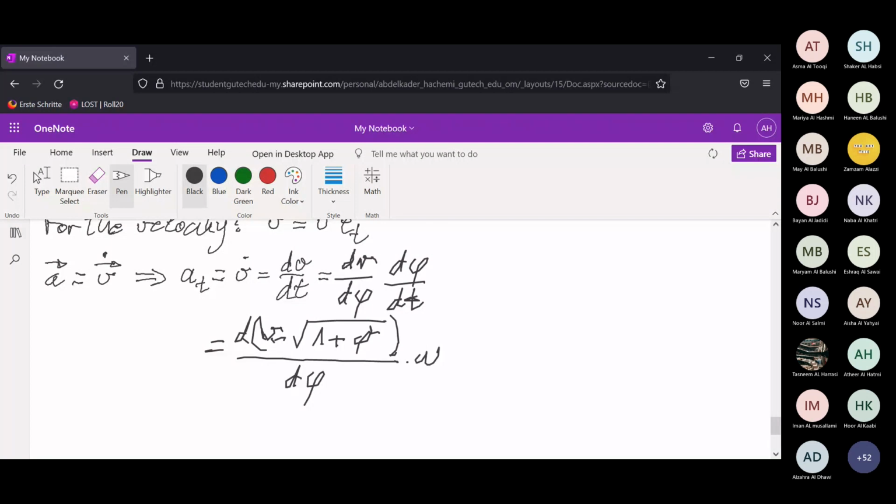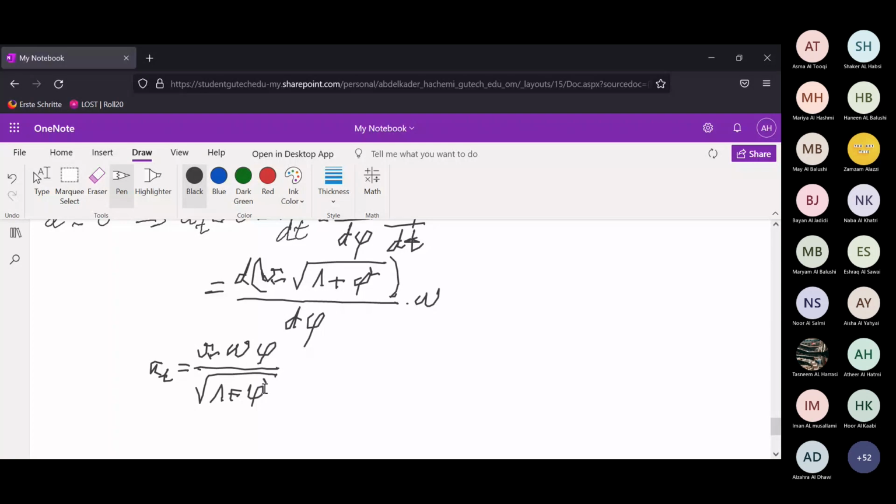Now if we derive, we get the expression of a tangential: vr omega phi divided by square root of 1 plus phi square.